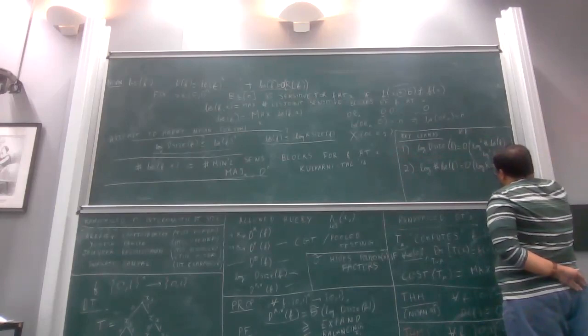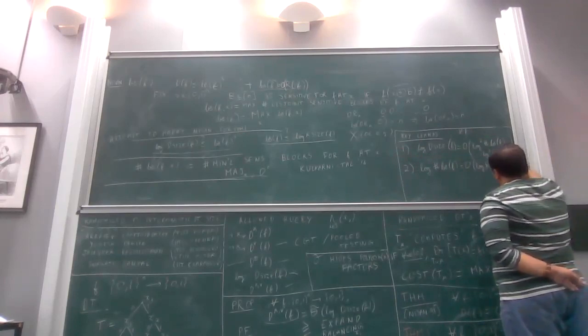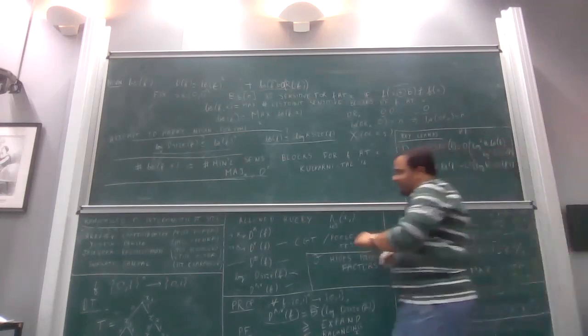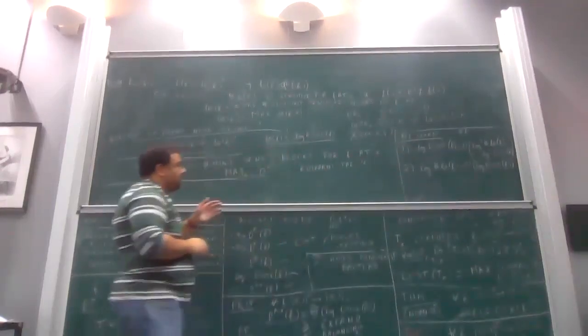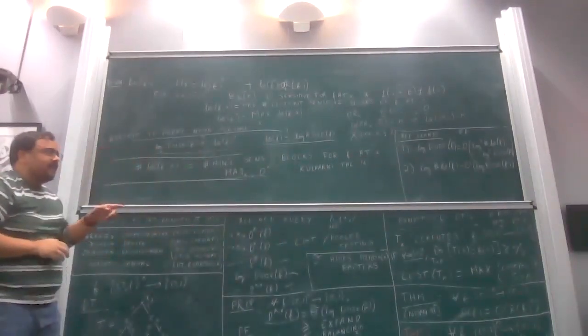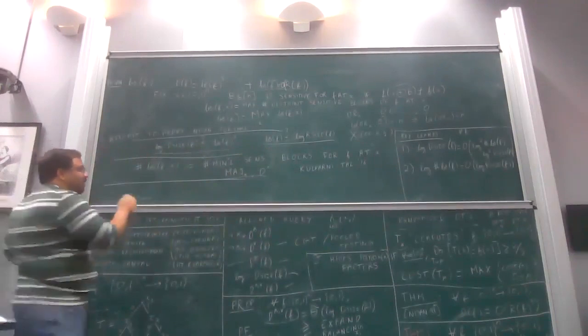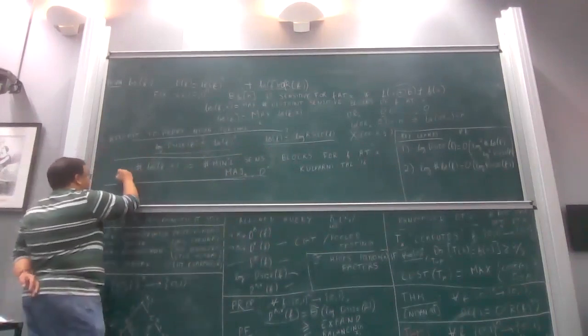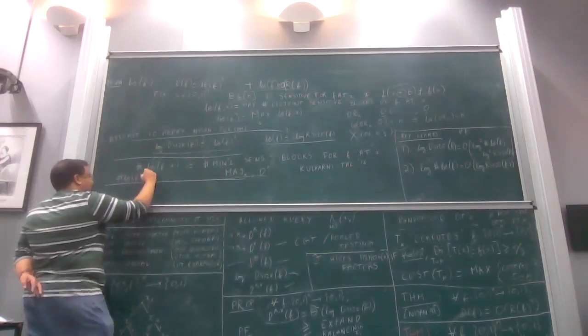Which is this: a block number is indeed a lower bound on, sorry, I didn't, but we'll define it here, but we'll probably guess.